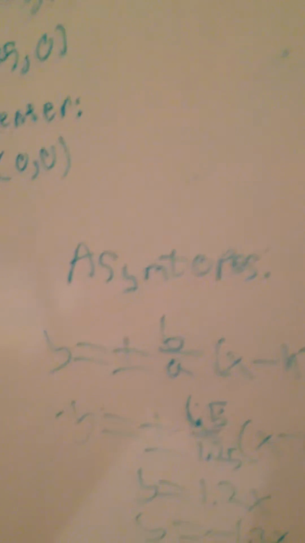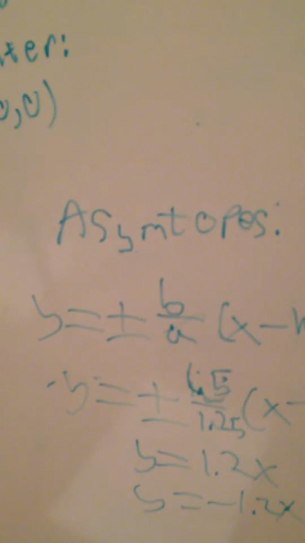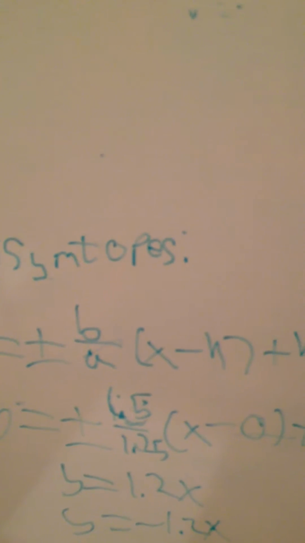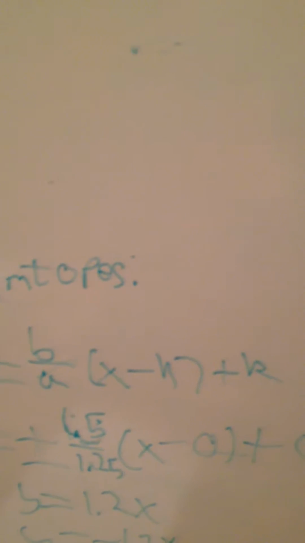Okay, let's go back to the graph. If you can see these two dotted lines, they're the asymptotes, and they are both oblique asymptotes because they're diagonal. To find the asymptotes, the equation is y equals plus or minus b over a times (x minus h) plus k.